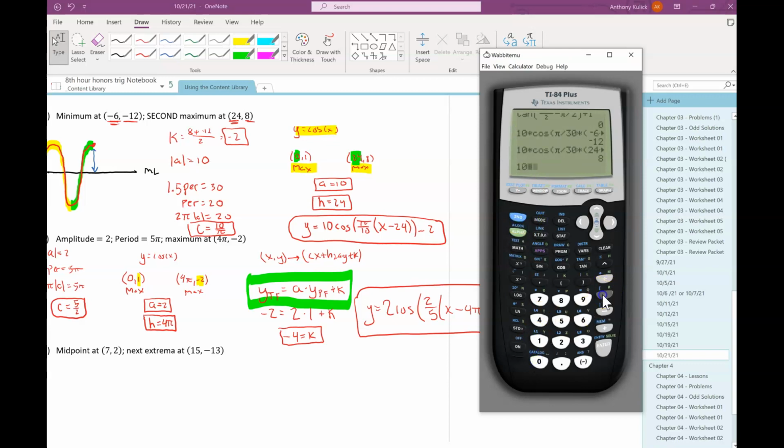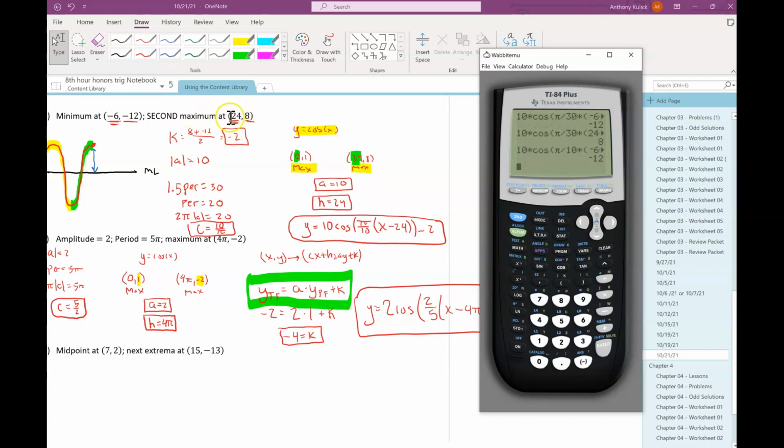Do 10 times cosine pi divided by 10 times parenthesis -6 minus 24, close my parentheses, minus 2, and this should be giving me -12, which it did.